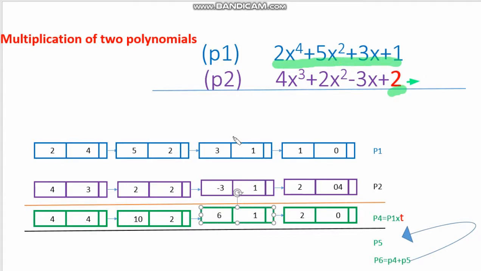Next 2 into 5 we get coefficient 10, and the power 2 remains the same, no addition. 2 into 3 is 6, power is 1 here, and 2 into 1 is 2, power is 0. So that is p4. Now p5 is initially a null polynomial.